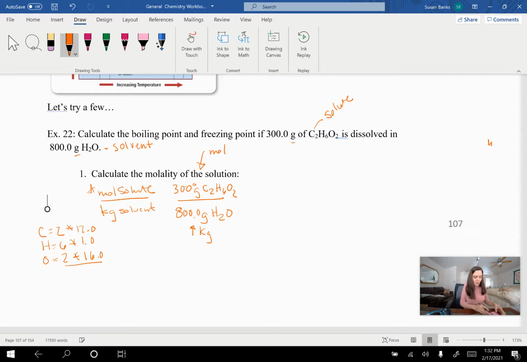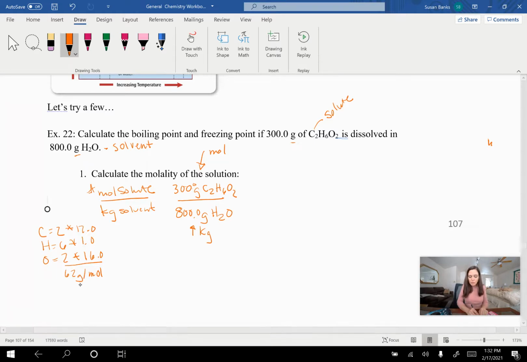So I'm going to add all of that up. So 12 times 2 plus 6 plus 16 times 2 gives me a mass of 62 grams per mole of ethanol. Now I want my grams to cancel out here.